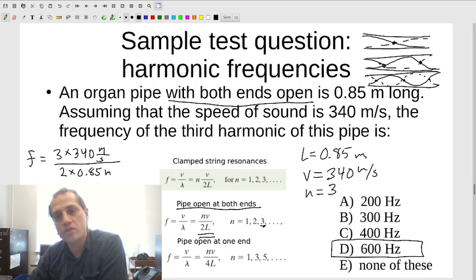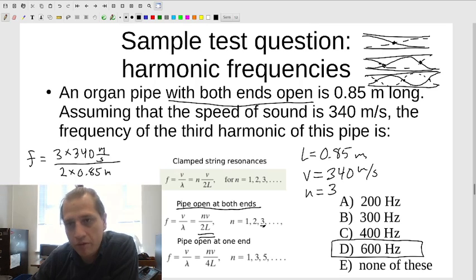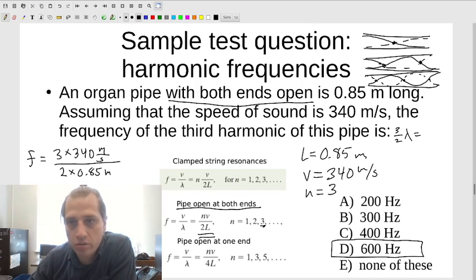And from this picture, I can find my wavelength, because this is a quarter plus a half plus a half plus a quarter, which is 1.5 wavelengths. So that would be 3 halves times the wavelength in question is equal to 0.85 meters.